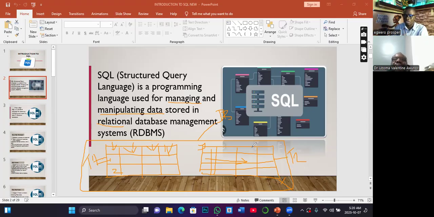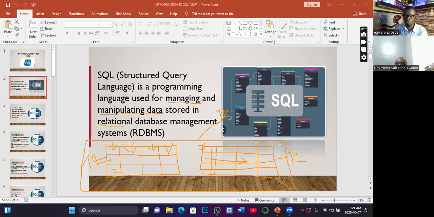You need a table to be able to store those values in your database. So that is the reason why I sketched this diagram. What this diagram is saying is what I just explained now. You can see that this line is binding these two tables. Now inside the table, that is where you have your records. I just want you to understand that.